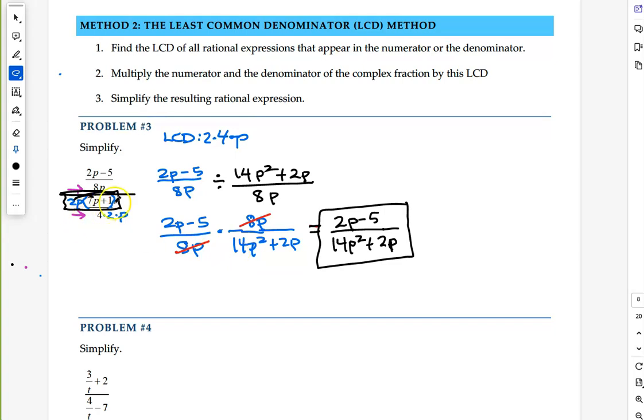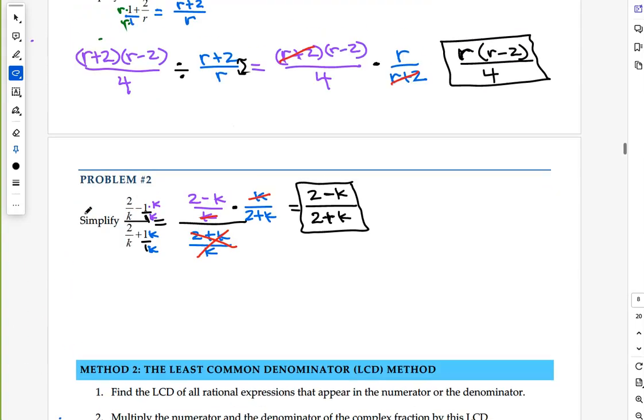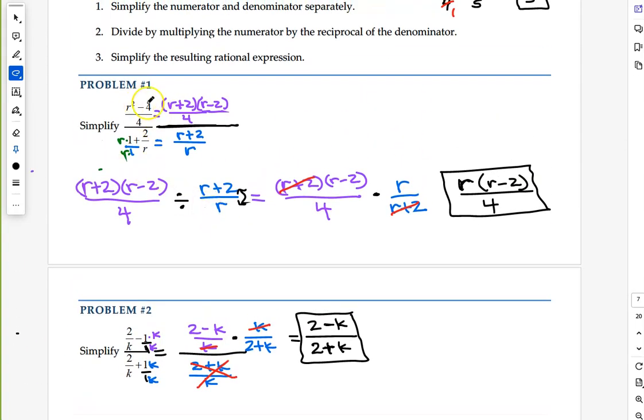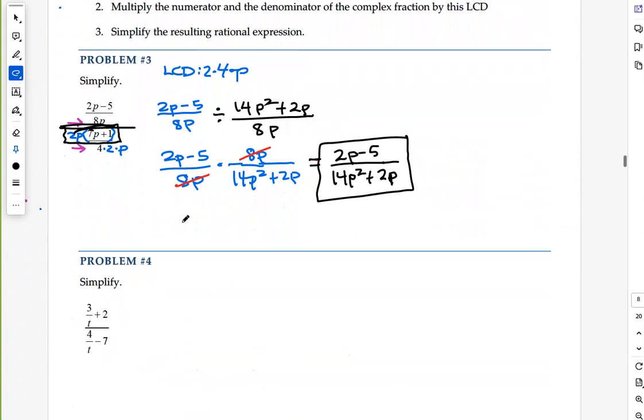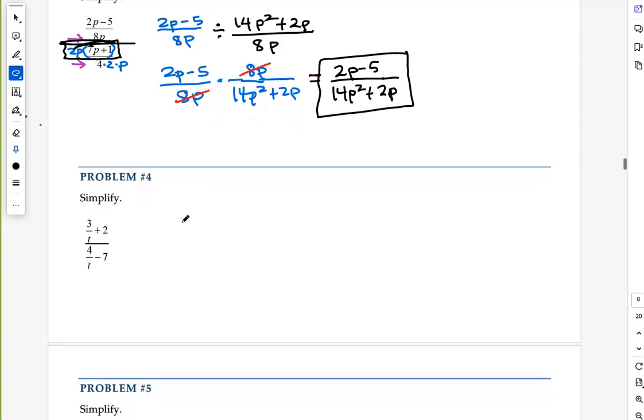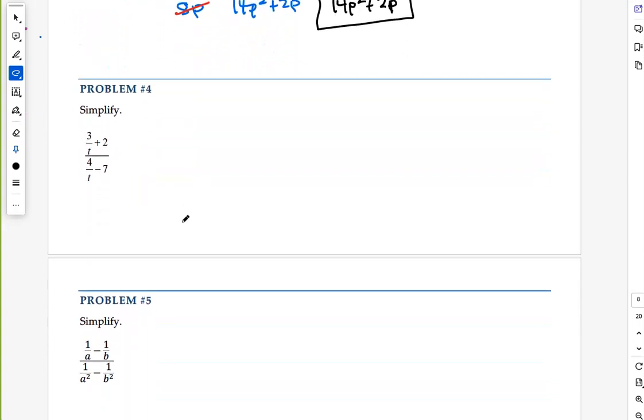It's a little bit subtle, but here we're trying to get an LCD of both of the denominators, where in the first method, we treat these as two separate problems. And then once we get a fraction over a fraction, now I can flip that second one.